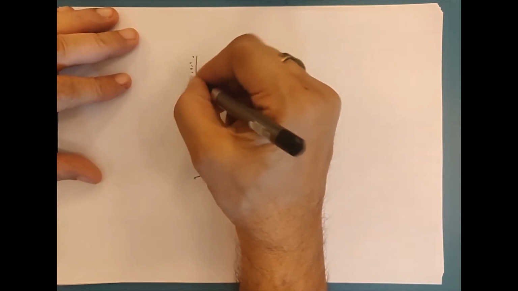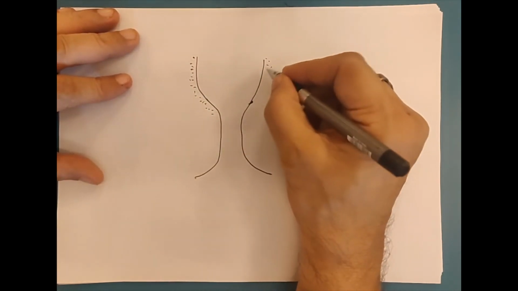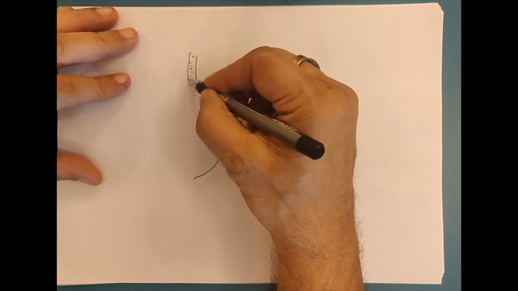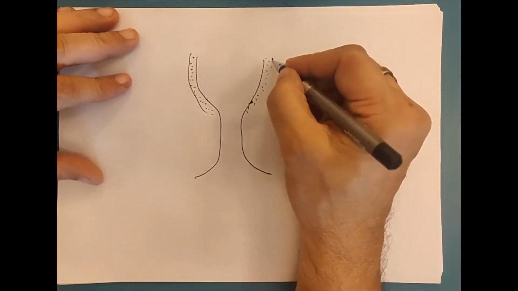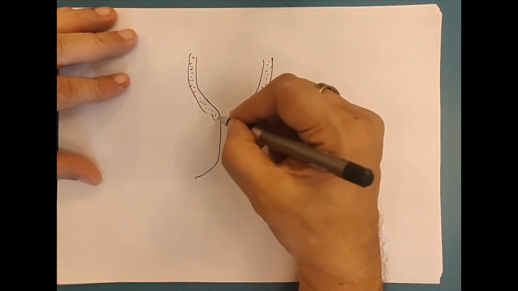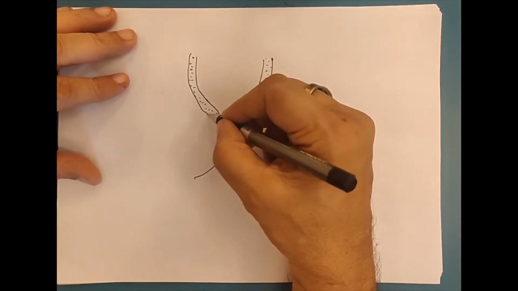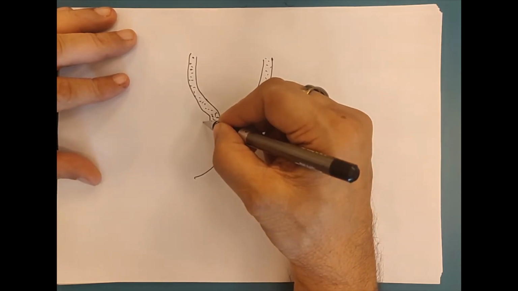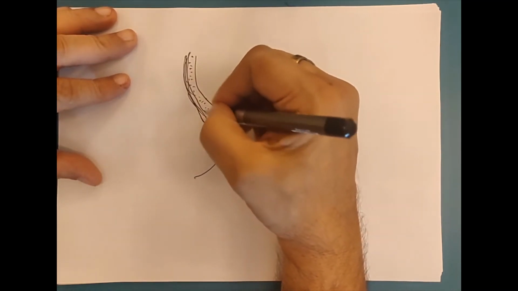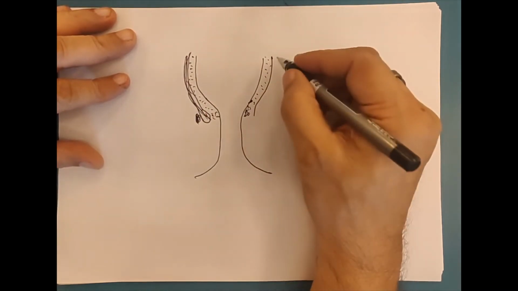Then outside the mucosa of the rectum are the circular muscle fibers. And then you have the longitudinal muscle fibers. And these longitudinal muscle fibers would combine with the fibers of the levator ani.